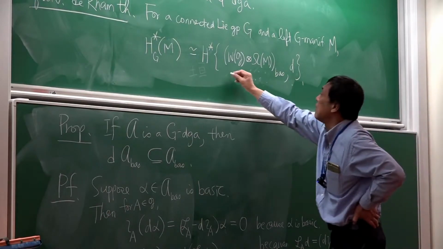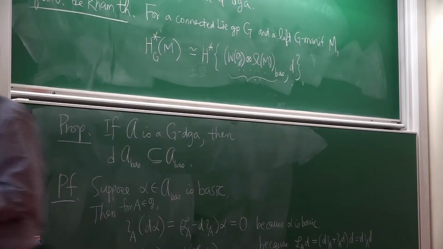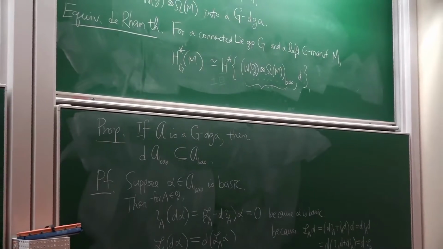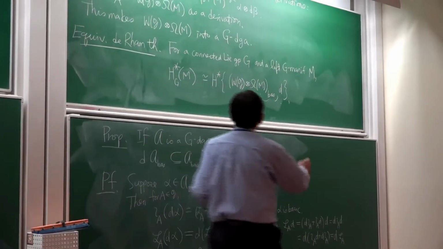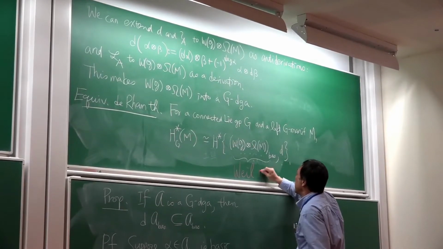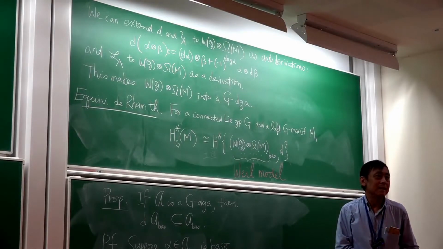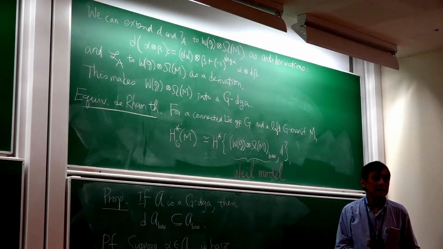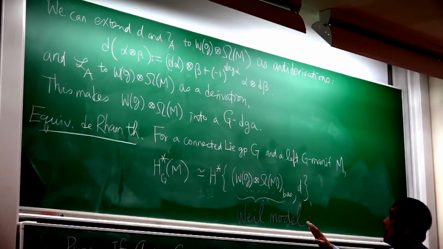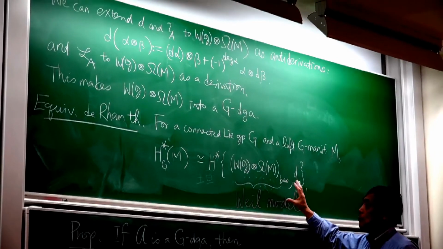Now, this complex is called the Weil model. Okay, it is not the simplest model.